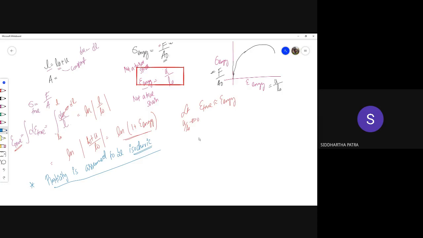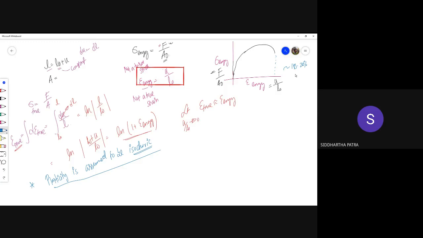Okay, so a typical ductile material would fracture at say 15 to 20% of plastic strain, or maybe somewhere between 10 to 20% of plastic strain. A typical ductile material would fracture at that much of tensile strain.